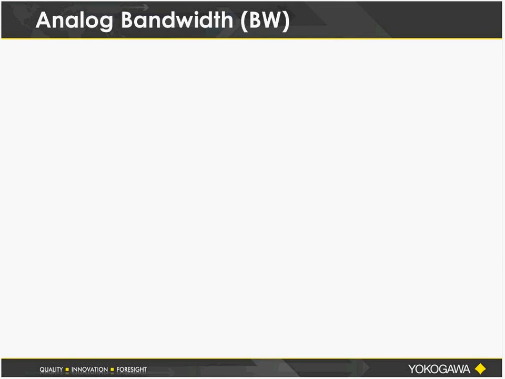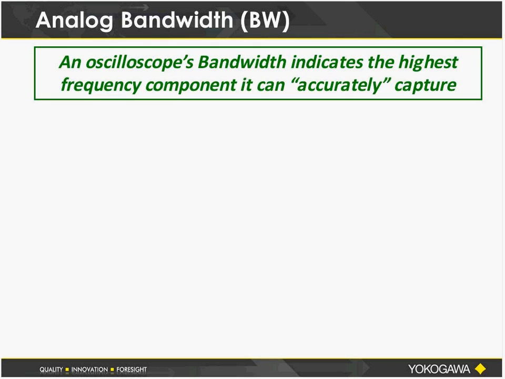In terms of bandwidth, this specification is one of the main indicators of an oscilloscope's performance. And while pretty much all oscilloscopes these days are digital, they do have analog bandwidth characteristics at the front end. So what that means is its bandwidth specification tells you the highest frequency component that it can, quote unquote, accurately capture.